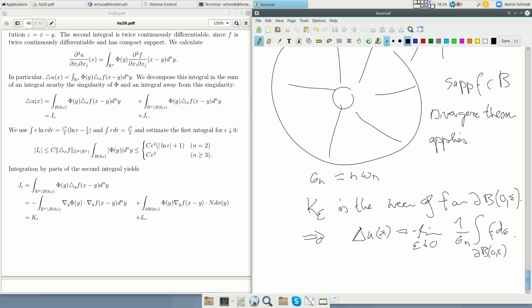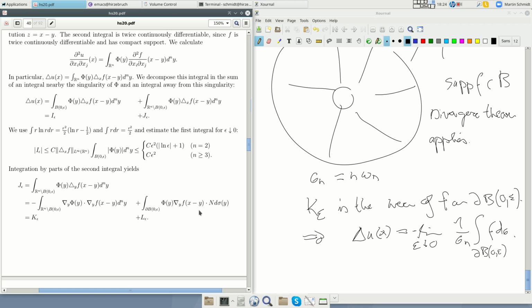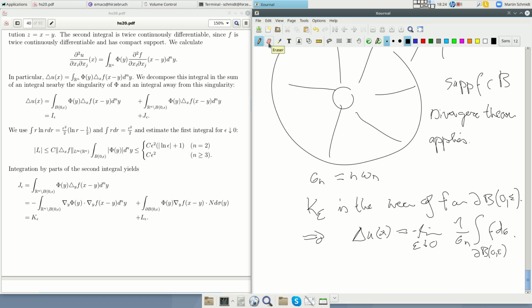And now we may calculate this limit. By continuity, the values of f are nearby to f at x. In general here, f of x minus y d sigma y.